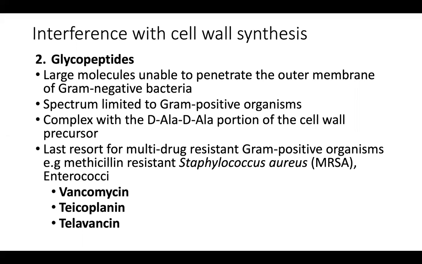Examples are methicillin-resistant Staphylococcus aureus, MRSA, and also the enterococci. You'll be hearing a lot about them. Examples of the glycopeptides are vancomycin, teicoplanin, and telavancin. You'll be hearing a lot about them when you start practice. Vancomycin is the one which is most readily available.